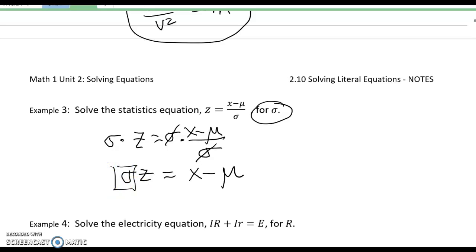What are we going to do next? Yep, we're going to divide by z. Since z is being multiplied to sigma, I'm going to divide both sides by z. So I'm left with sigma on the left by itself, then x minus mu all over z.